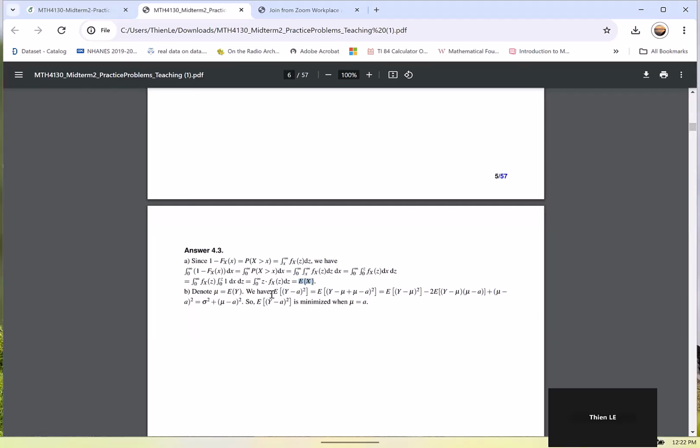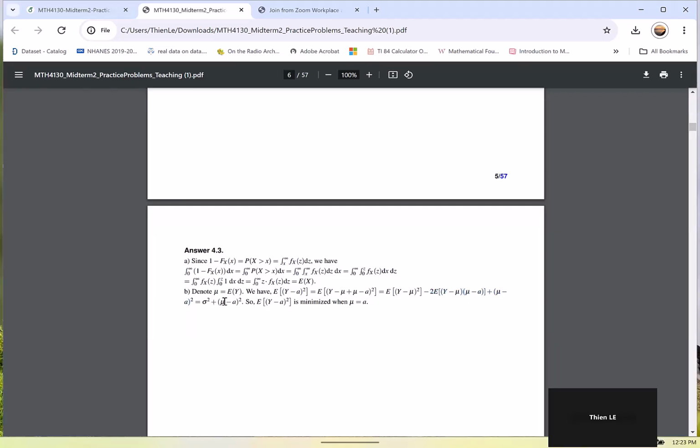For the second case, now let us say mu is E of y, okay? So we do a small trick here by plugging in the mu and taking away the mu. And then with that, we can rewrite this square here in this fashion, okay? And basically this is nothing else than just the sigma square, right? And then this and this you cancel out.